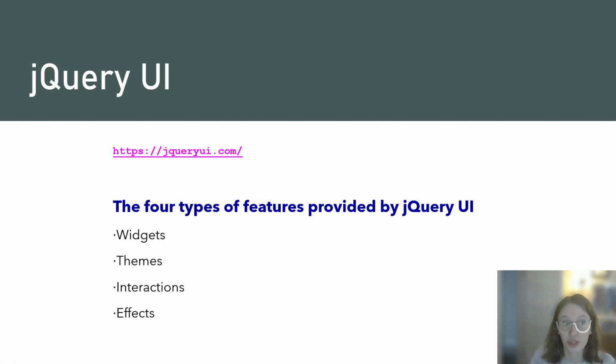So if you want to include jQuery UI, make sure that you are also including jQuery right before it. And the main types of features provided by the UI library are widgets, themes, interactions, and effects. And we are mostly going to be talking about widgets in this lecture.